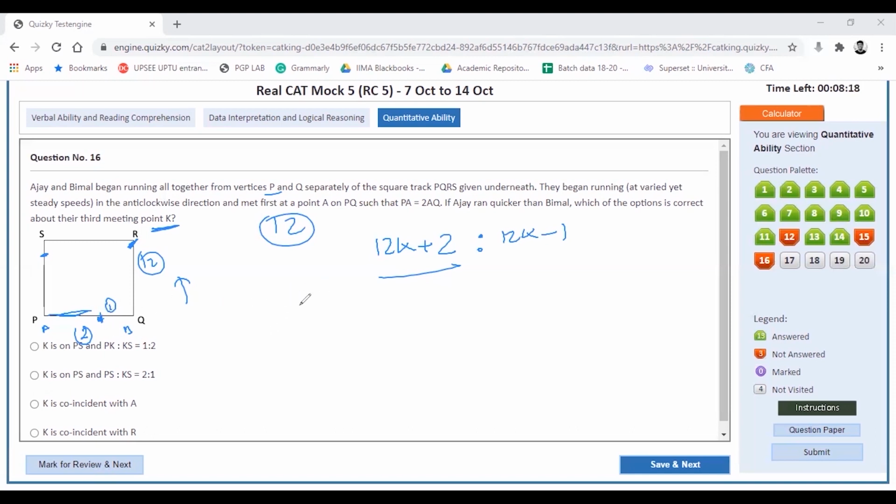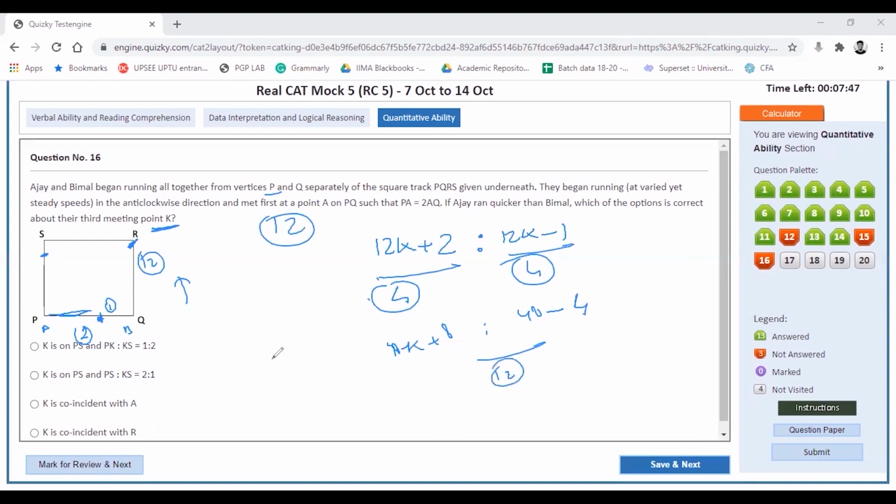A difference of distance of one round between them. So if I simply multiply each of these by 4, this gives me 48k plus 8, and this gives me 48k minus 4. This gives me a difference of 12 units.